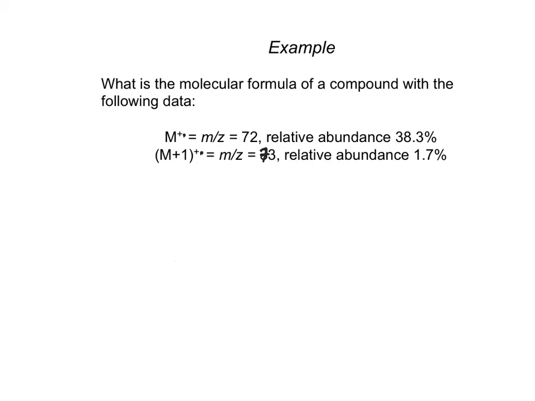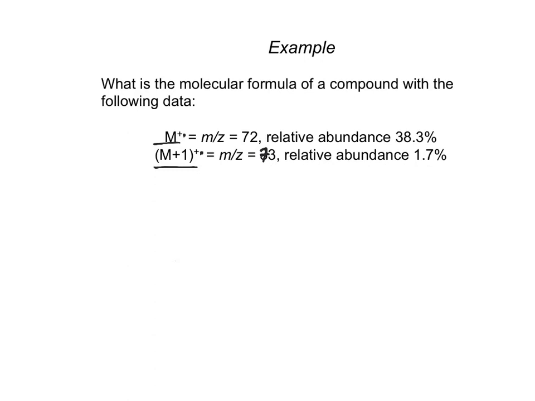Okay, so the first part in doing this is we need to figure out what percentage this peak is of this one, right? How would I go about doing that? I have 1.7%, I've got 38.3%, how would I figure out what percentage this is of this? Divide the two, right?